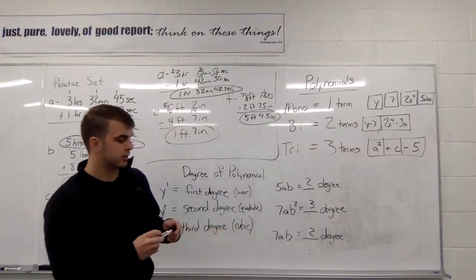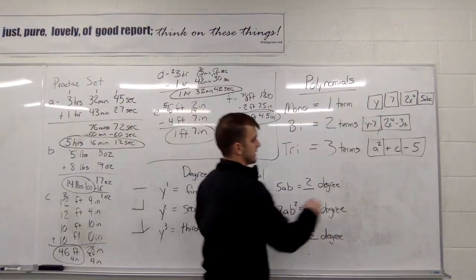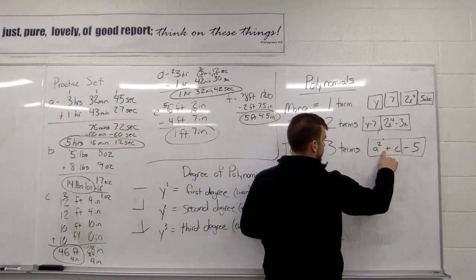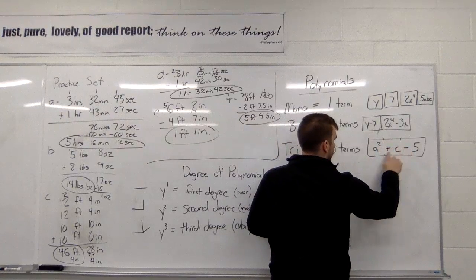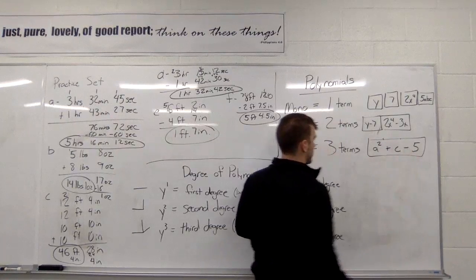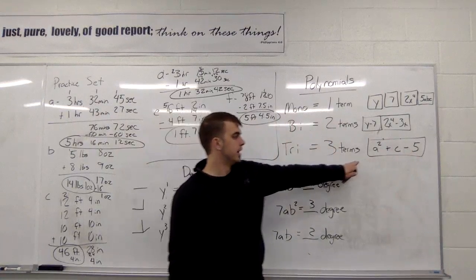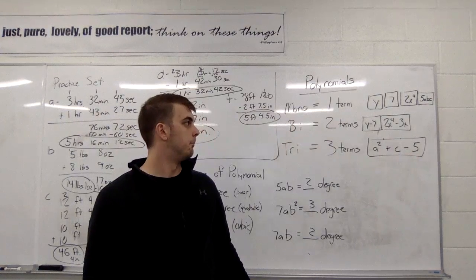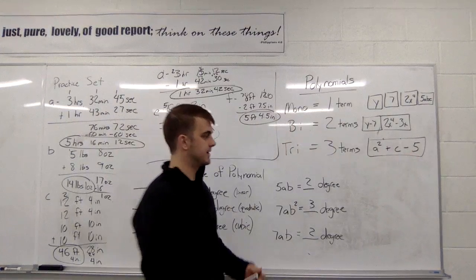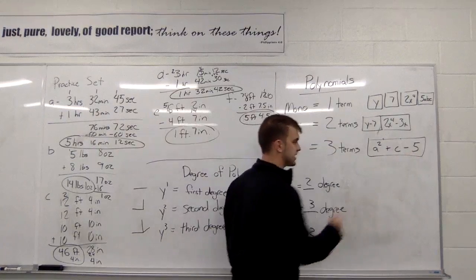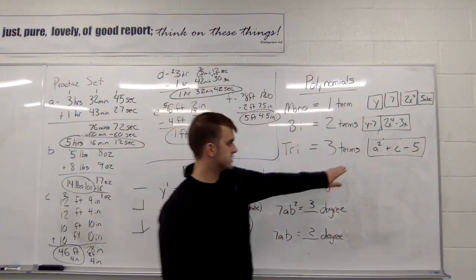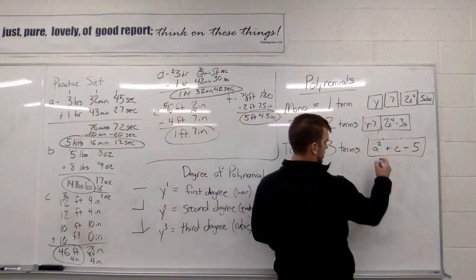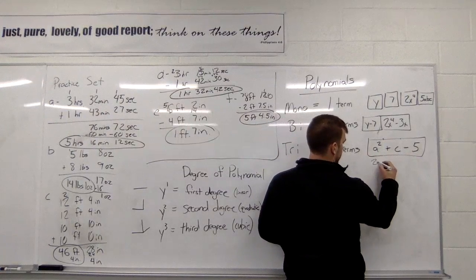Now, they're also going to throw crazy things at you like this. So this is a trinomial right here, and they're going to ask you what degree is that? And you're going to be like, well, it's 3 terms here, so this term right here has 2, so it's a second degree.